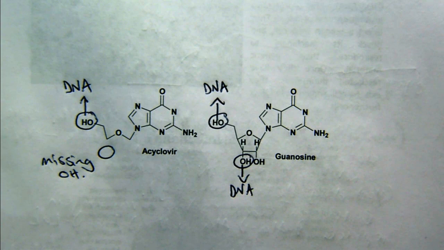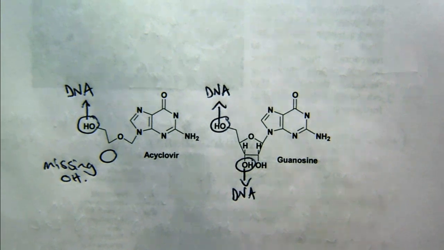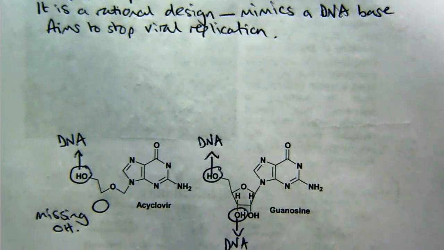So really what you're aiming to do is replace the guanosine within your herpes-infected cells with Acyclovir so that you terminate the chains, and that will prevent the reproduction or the effective reproduction of the virus. So it aims to stop viral replication.